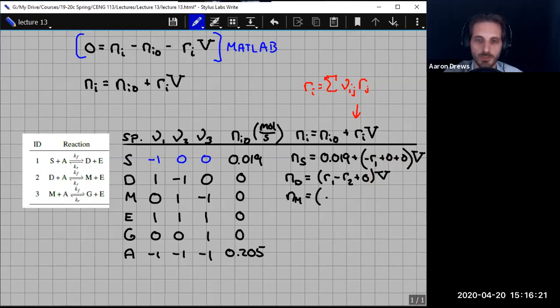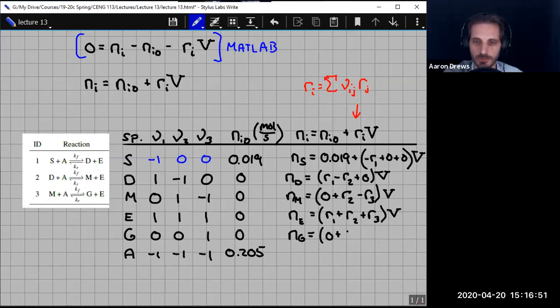Similarly for the monoglyceride, it's not involved in the first one. It's plus R2 and it's minus R3. All of that times the volume of our reactor. For the ester, which again is our product, that is our biodiesel, it's R1 plus R2 plus R3 times V. And then our glycerol, which is indeed a byproduct, but it's a pretty useful byproduct.